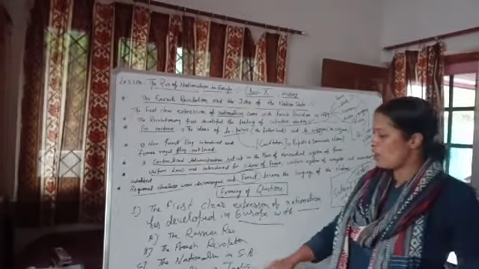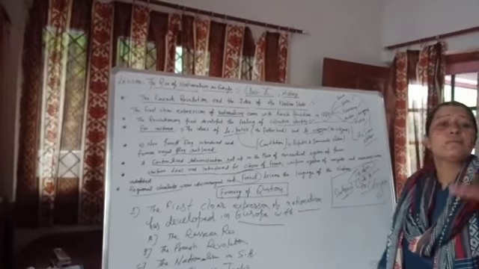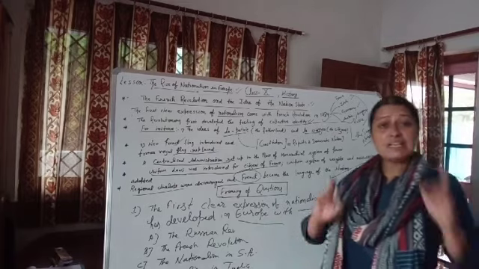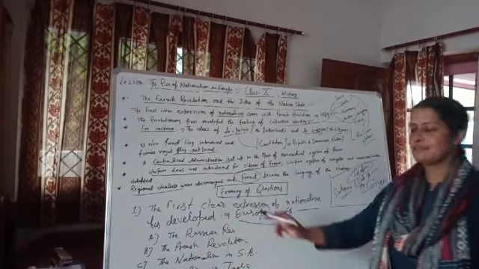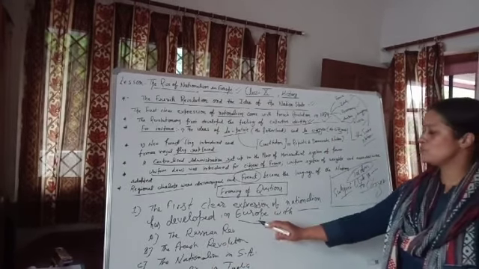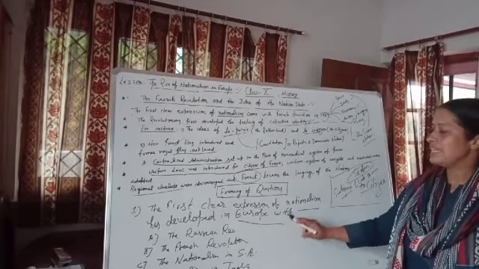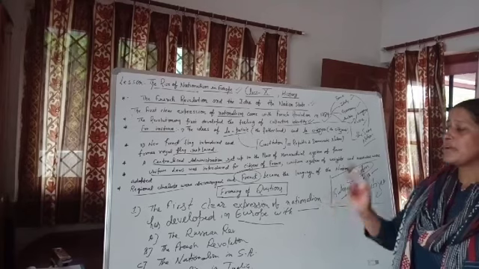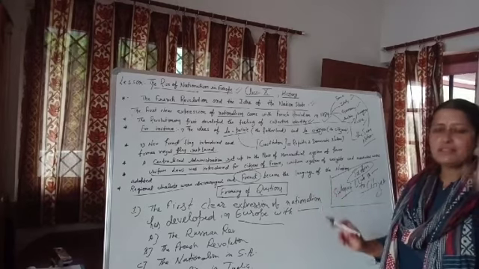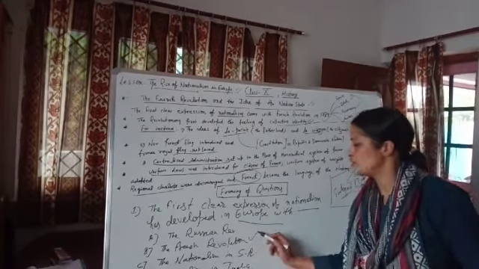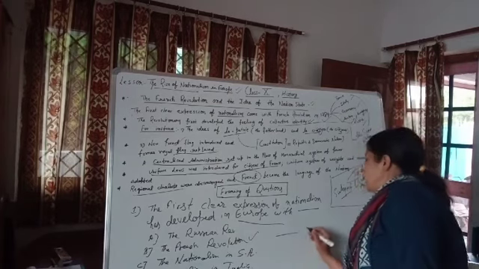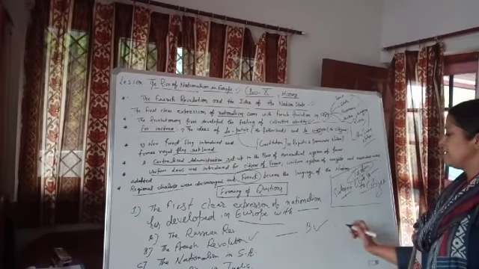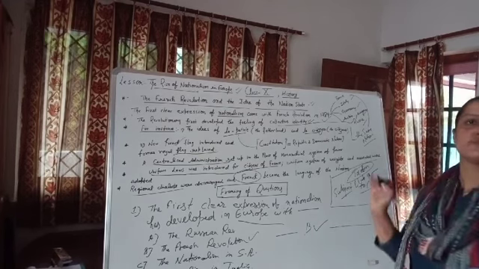Okay, and it has happened against the apartheid policy in South Africa also. So how will you identify which option is correct? You will identify Europe first of all. They are asking how the first clear expression of nationalism has developed in Europe, with the French Revolution. So option B will be the correct answer. You will identify option B and you will write down the French Revolution.